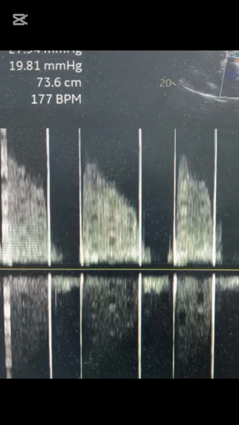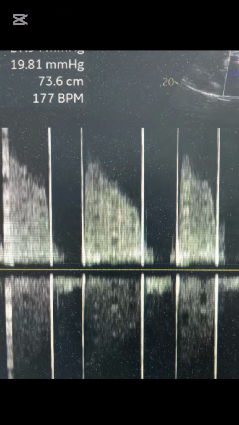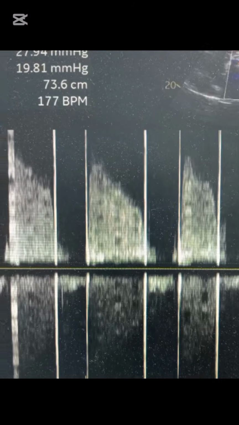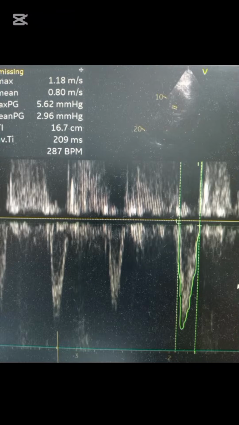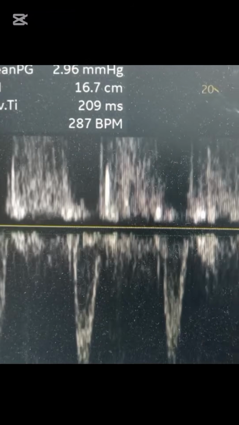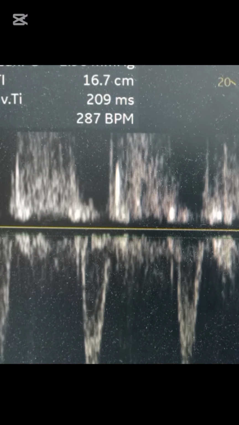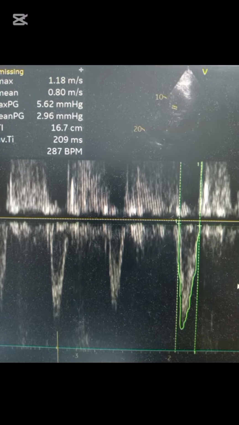Here is 73.6 centimeters. This is the mitral prosthetic VTI, and this is the LVOT VTI, 16.7 centimeters.